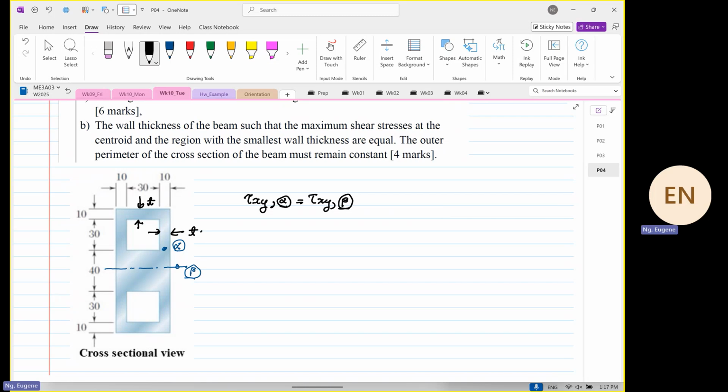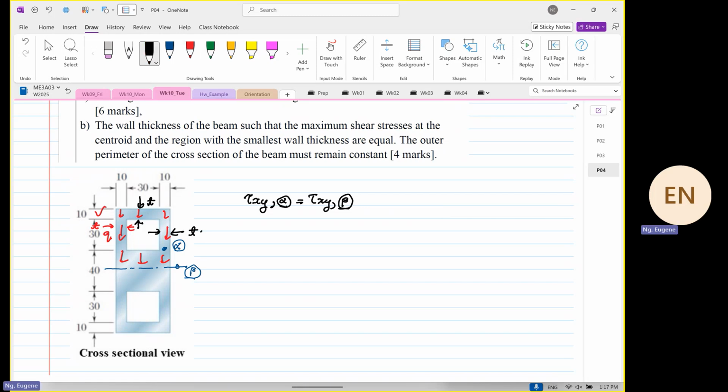The thickness is perpendicular to the shear flow. So if we sketch the shear flow, this is our Q, and perpendicular means it has to be this thickness.